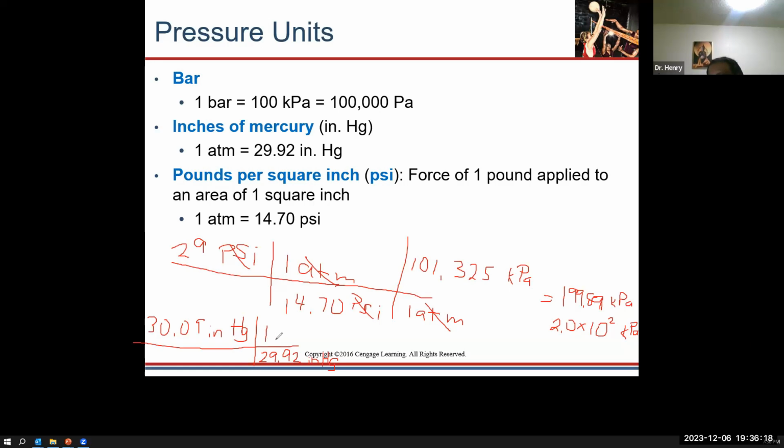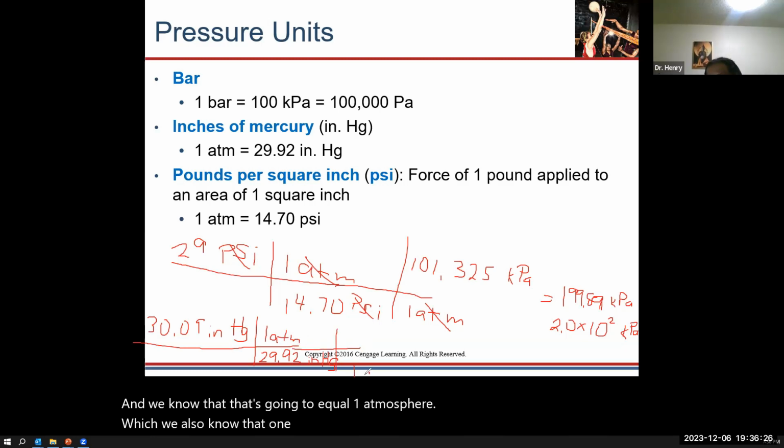And we know that that's going to equal an atmosphere, which we also know that 1 atmosphere is going to equal 101.325 kilopascals.